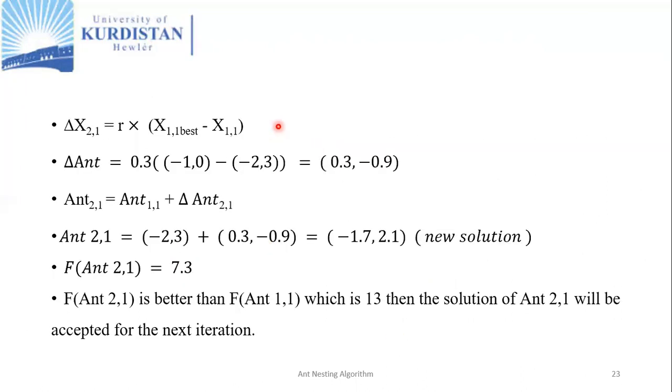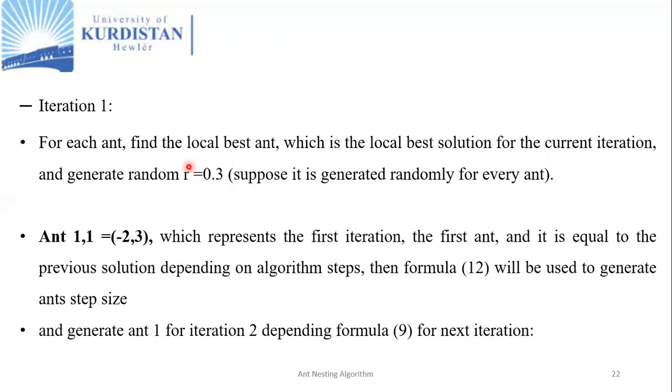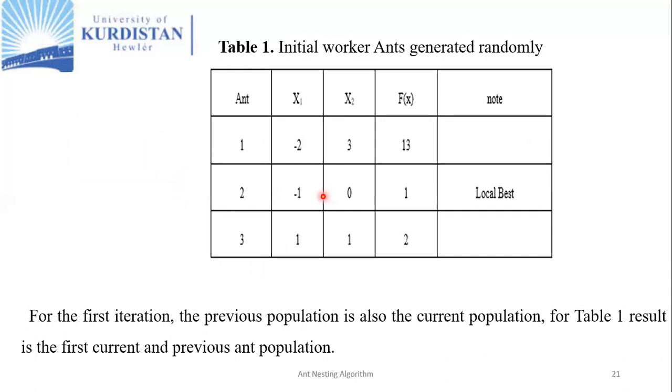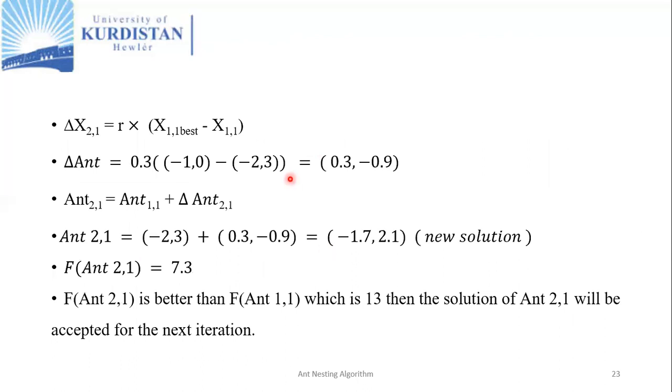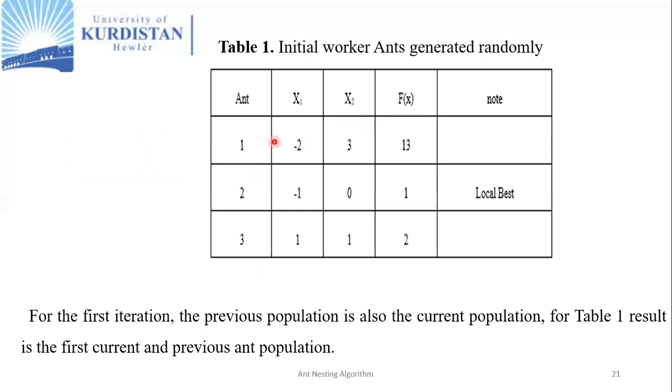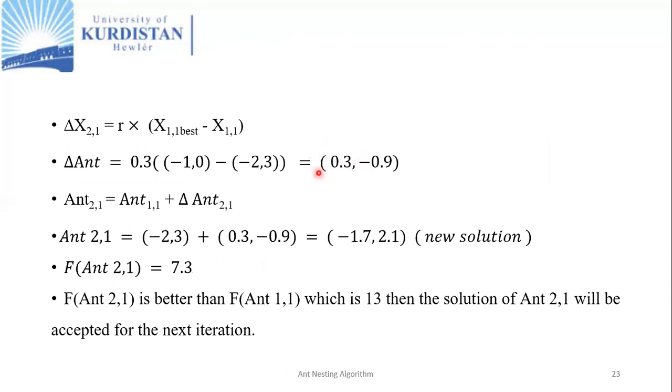Here's equation 12: R multiplied by (x best minus x current). This is the x best position, -1, 0, in the table. And x current is -2, 3, the first ant. Then we find delta, the change, which is 0.3 for dimension 1 and -0.9 for dimension 2.